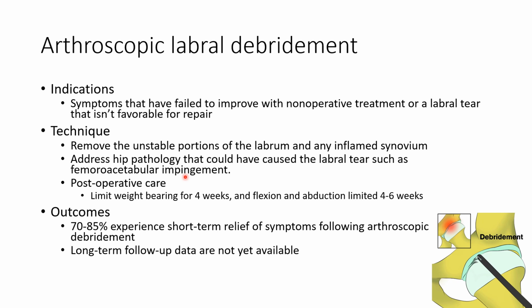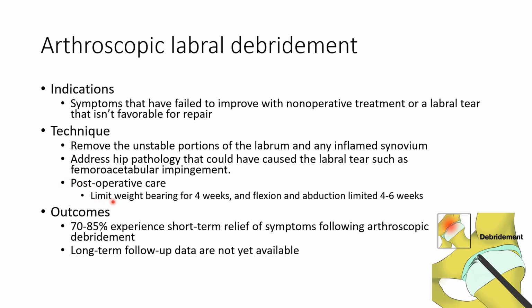Whereas cam type is where the femoral head is irregularly shaped. It kind of comes out, very convex on one side, and it can grind into the acetabulum, and that could tear the labrum. That is another hip pathology that could have happened, and you can correct that operatively as well.